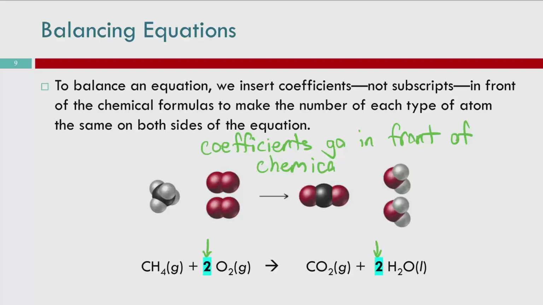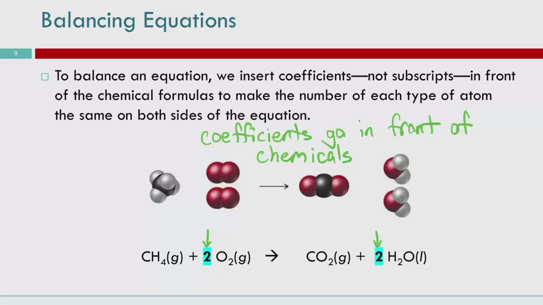We cannot change, we should not change the subscripts, these little numbers that follow our number of atoms in a compound, because then that would change the chemical. So we want to stick with the chemicals that we've got and just adjust the amount that we're adding into the mixture.